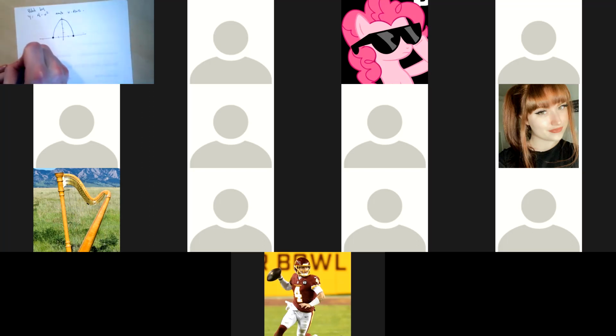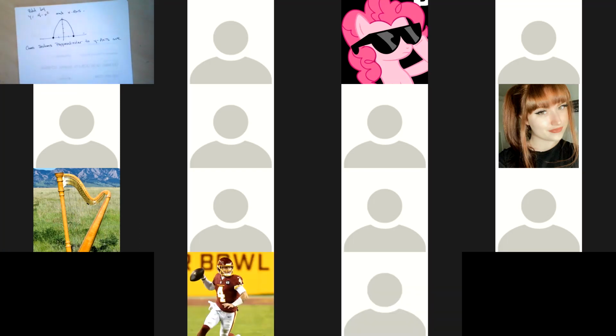And we could say something like cross sections perpendicular to the y-axis are, what's your guys' favorite shape? You can do semicircles, squares, equilateral triangles. We could do right triangles, isosceles right triangles. Can you do equilateral triangles? Equilateral triangles.